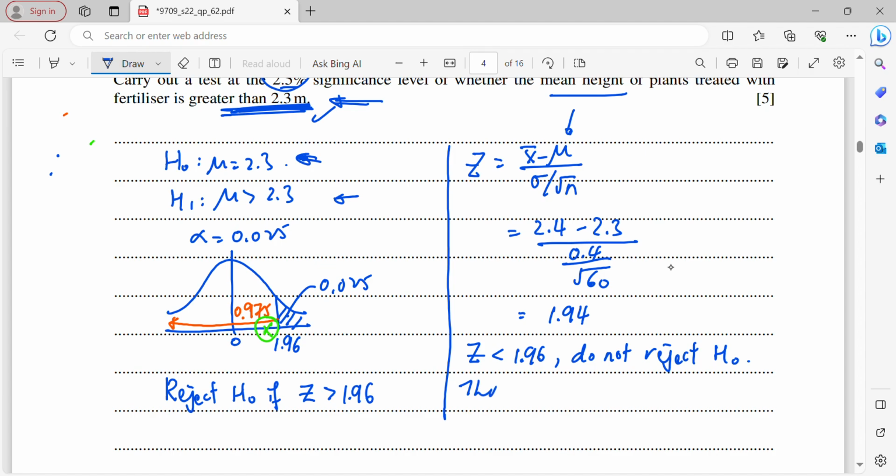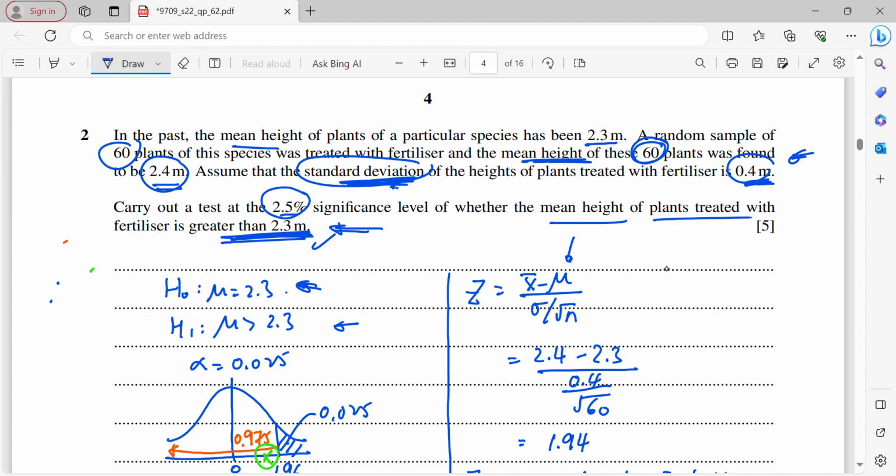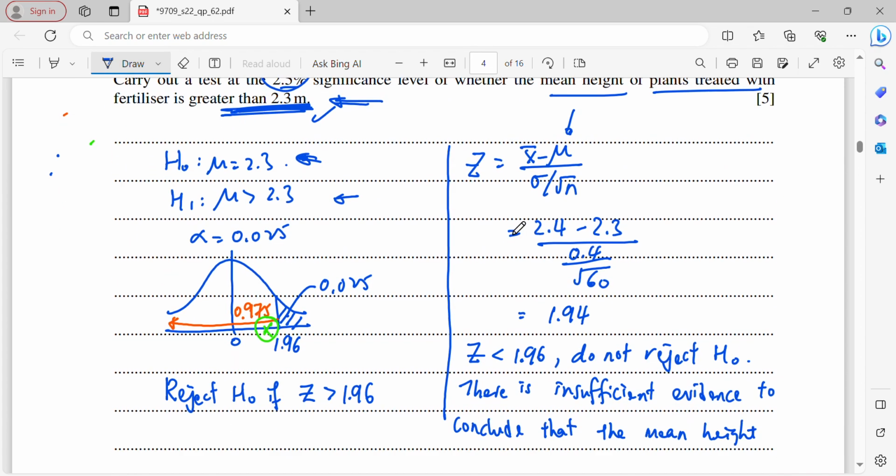So I will just write there is insufficient evidence to conclude that the mean height of plants treated with fertilizer is greater than that.